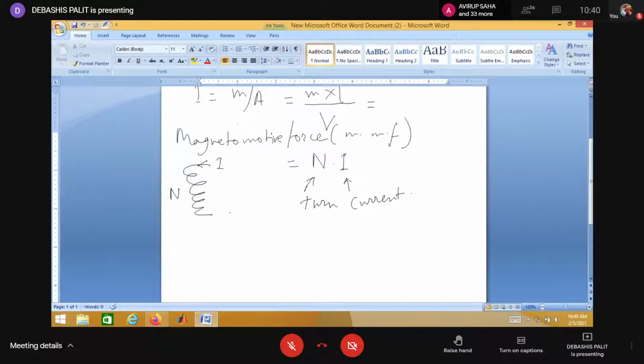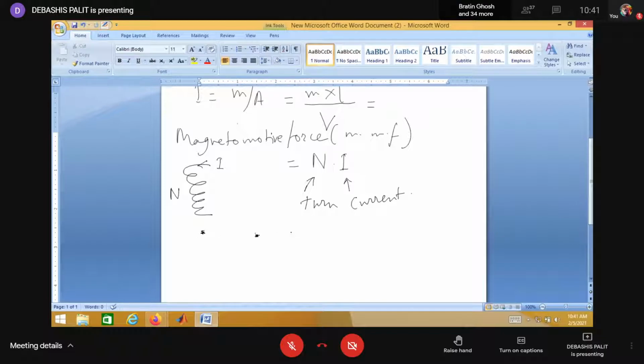So for magnetomotive force between two points, if you want to carry one unit north pole from one point to another point in a magnetic field, that is the work done between two points. That is the work done by this unit north pole to carry from one point to another point. That is the magnetomotive force difference between two points.